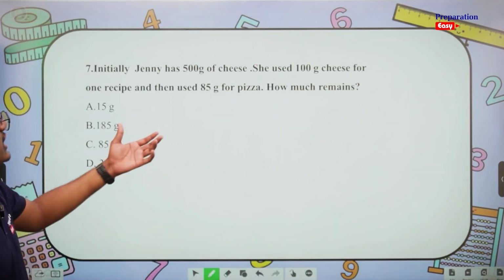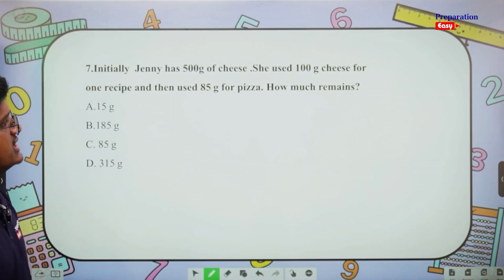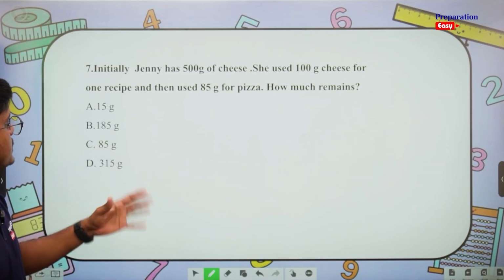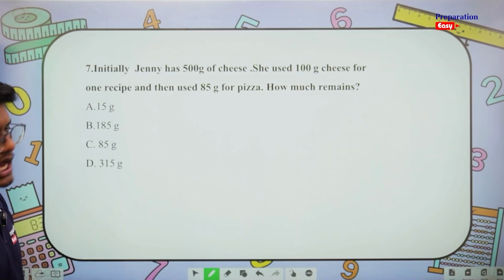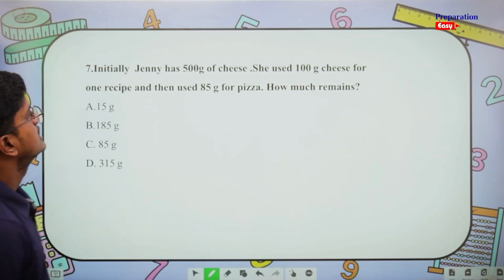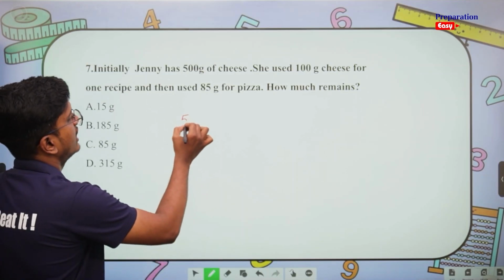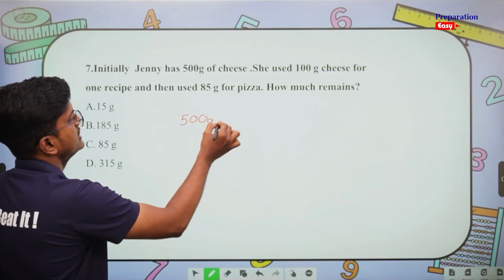Okay. Initially, Jenny has 500 gram of cheese. She used 100 gram cheese for one recipe and then used 85 gram for pizza. How much remains? Jenny has 500 grams of cheese.